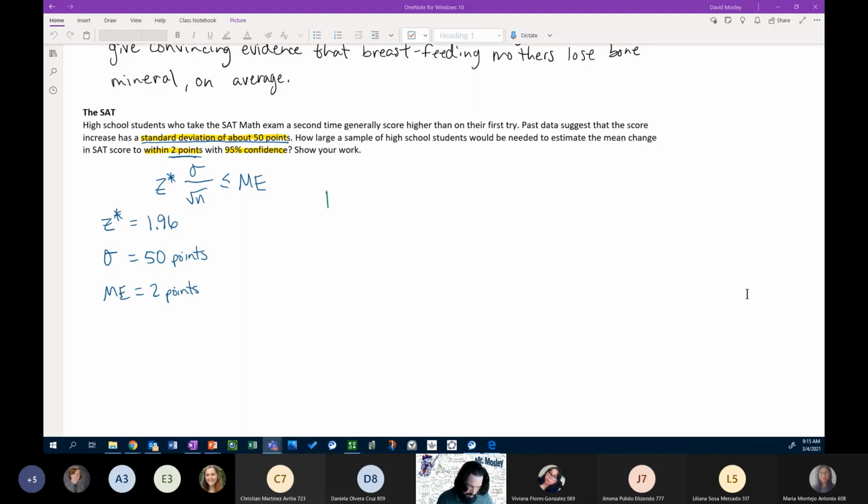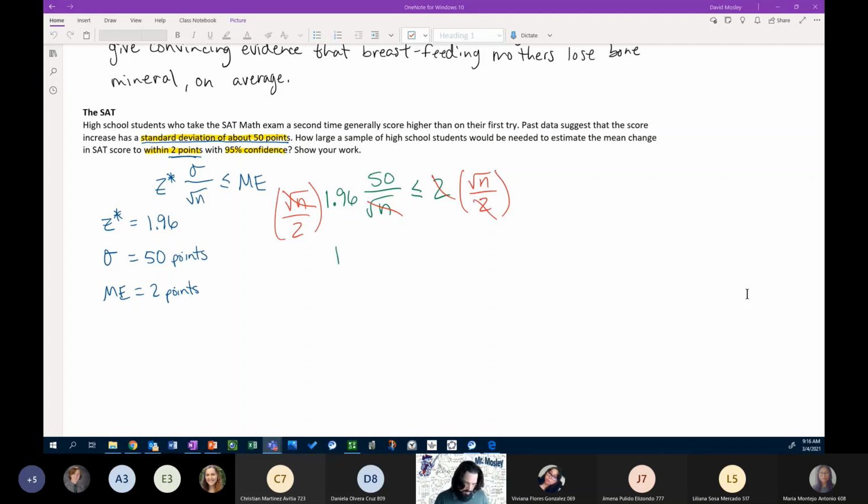So we get 1.96 times 50 divided by square root of n, less than or equal to 2. Right. We will multiply each side by the square root of n and divide each side by 2. Right, and that moves everything where we need it. The square root of n is canceled on the left-hand side. The 2 gets canceled on the right-hand side.